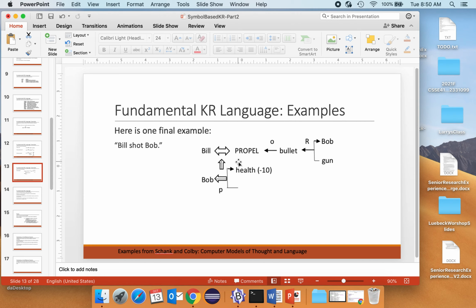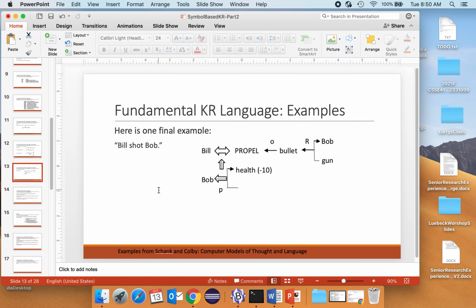And the consequence of all of this is that Bob's health is now -10. So yeah, now you know what it means to be, well, presumably dead, or we don't know whether he shot him dead or whether he shot him to the extent that he has to go to the hospital. So we don't know what health -10 is. We don't know what the range is of this value.